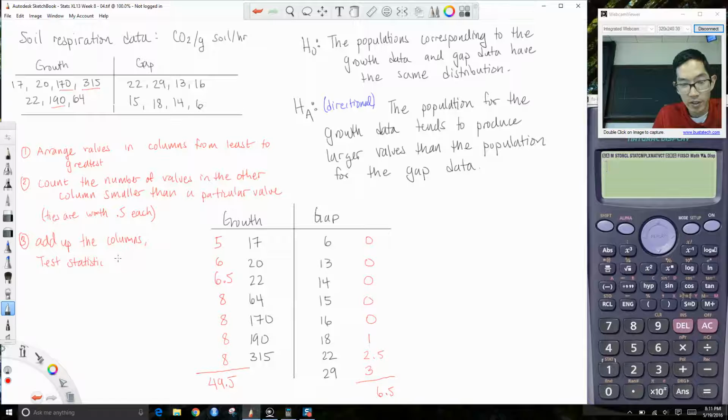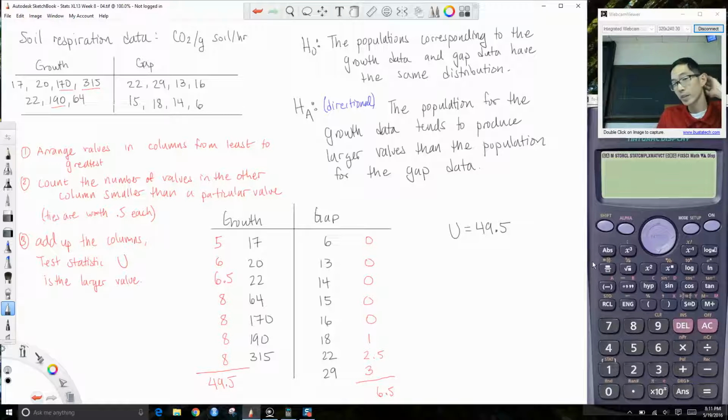For whatever reason we use the letter U for the test statistic, the larger value. So in our case, our test statistic U is 49.5.